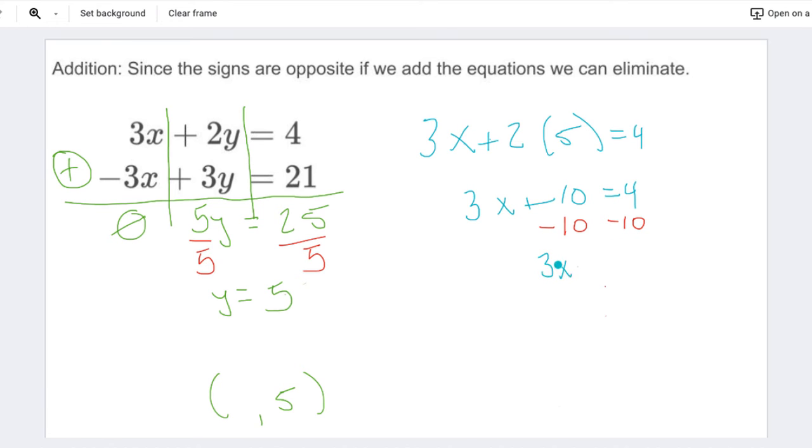So 3x equals negative 6. Divide by 3. So x equals negative 2. And we could check this by plugging negative 2 in for x, 5 in for y, and seeing if we get 4. So negative 6 plus 10 is 4. 6 plus 15 is 21, so we know this is the solution.